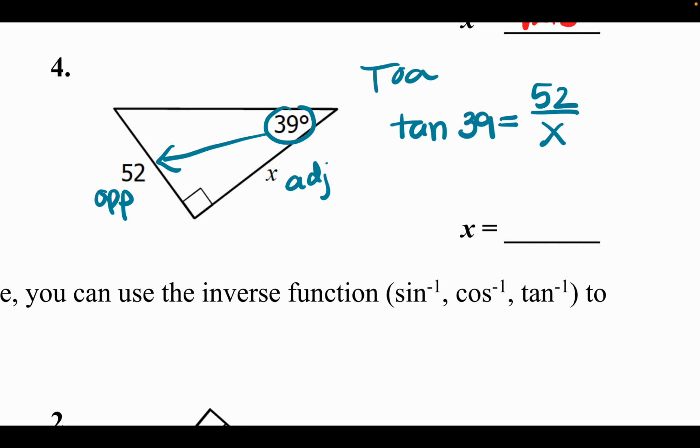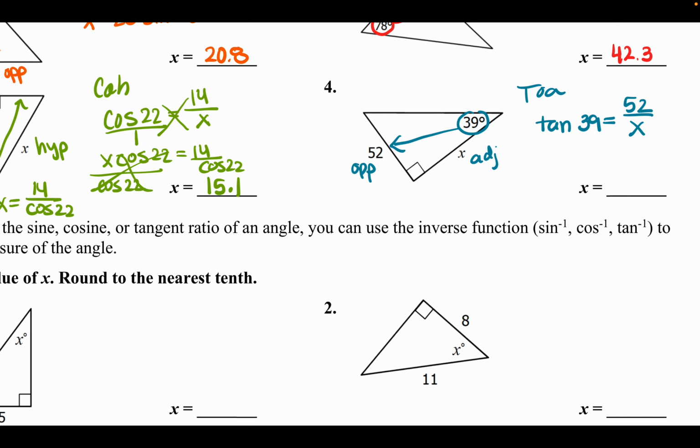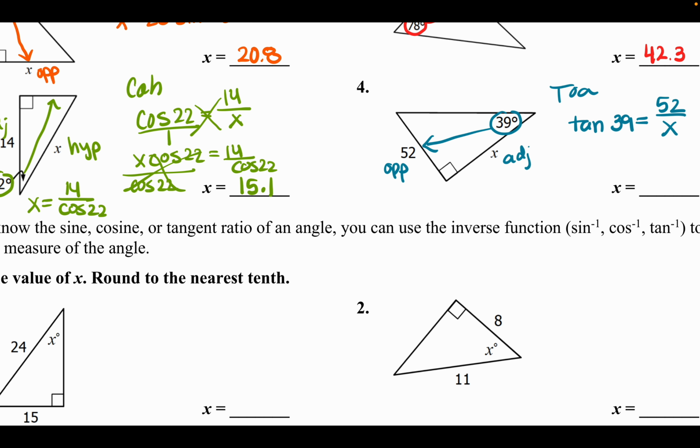Now I've shown you where you can cross multiply, but if you notice, there's kind of a pattern. What happens is your x and your cosine just ended up trading place. In this case, your x and your tangent just end up trading place.